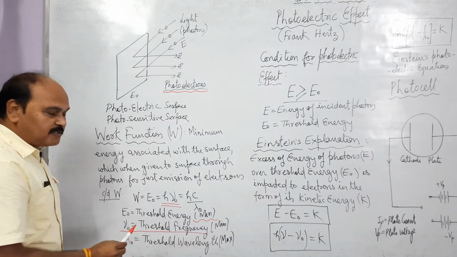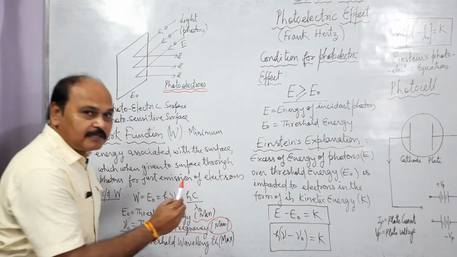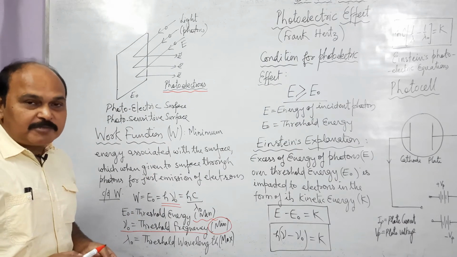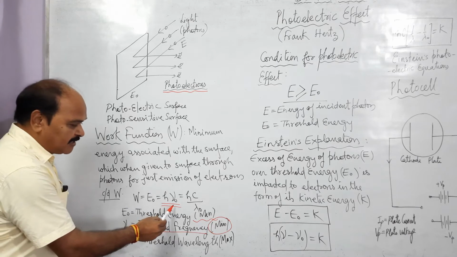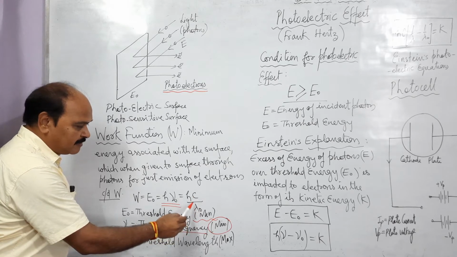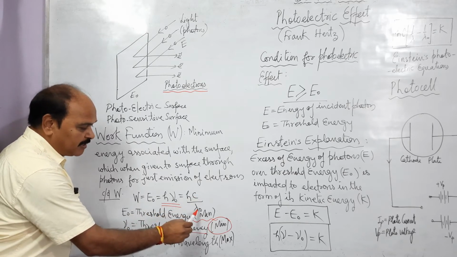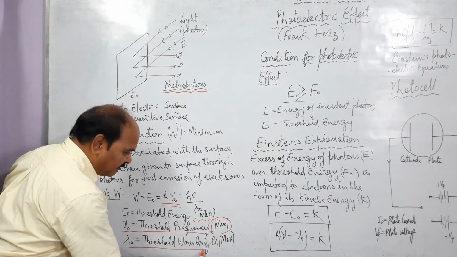So what is threshold frequency? Threshold frequency is the minimum frequency of light which, when incident over a surface, is for just emission of electrons. And this frequency can also be written as speed upon wavelength, that is work function is equal to hc upon lambda naught. So what is this lambda naught? This lambda naught is called threshold wavelength.